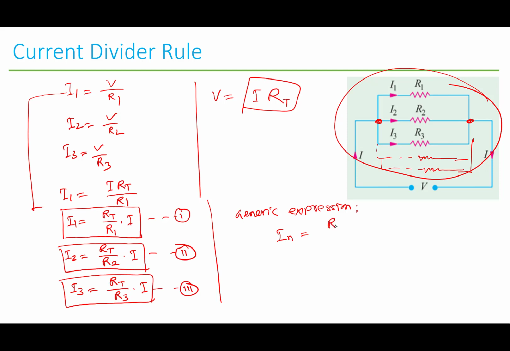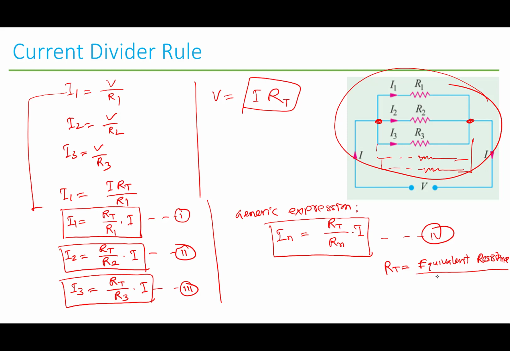It will be RT over RN times I, where RT is equal to the equivalent resistance of the circuit, RN is the branch resistance, and I is equal to the total current.